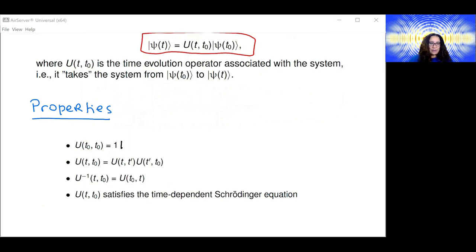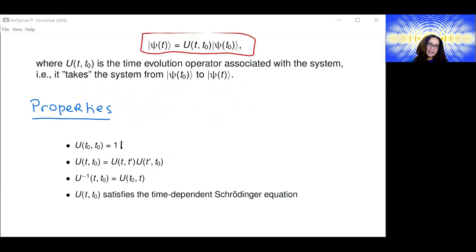Now, the system hasn't evolved because the time remained the same. It has to be like that, otherwise there is some kind of inconsistency. If you also want to take your system from a time t naught to a time t, what you have is first you take it from t naught to an intermediate time t dash, and then from t dash to t.